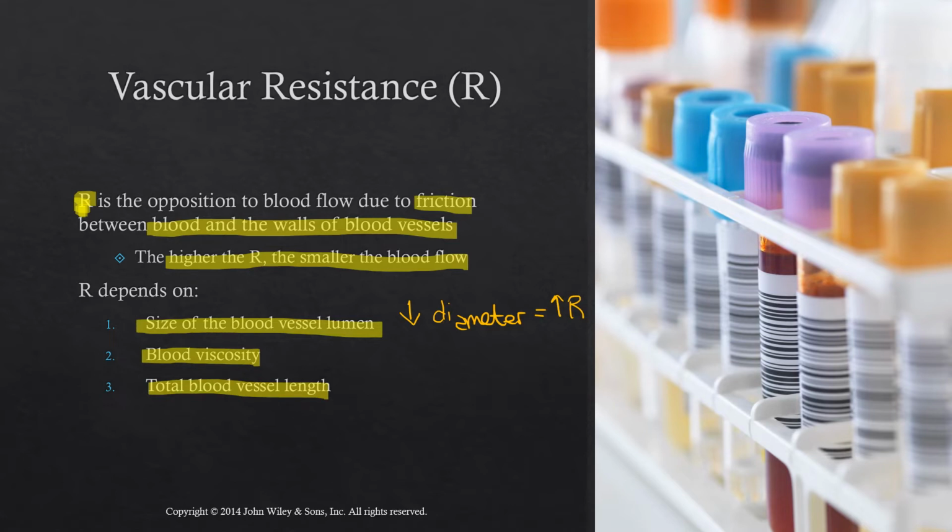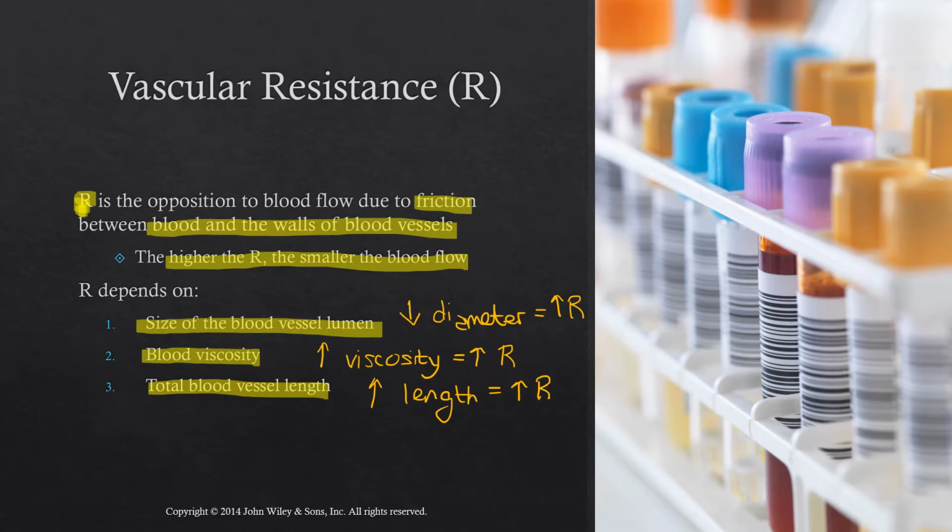Blood viscosity, if we have a higher blood viscosity, this is also going to be indicative of a greater vascular resistance. And total blood vessel length, increase in length is going to increase resistance.